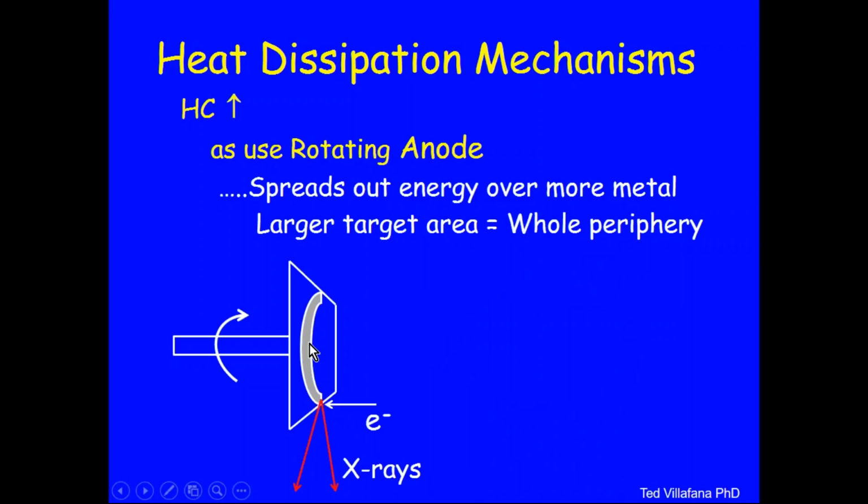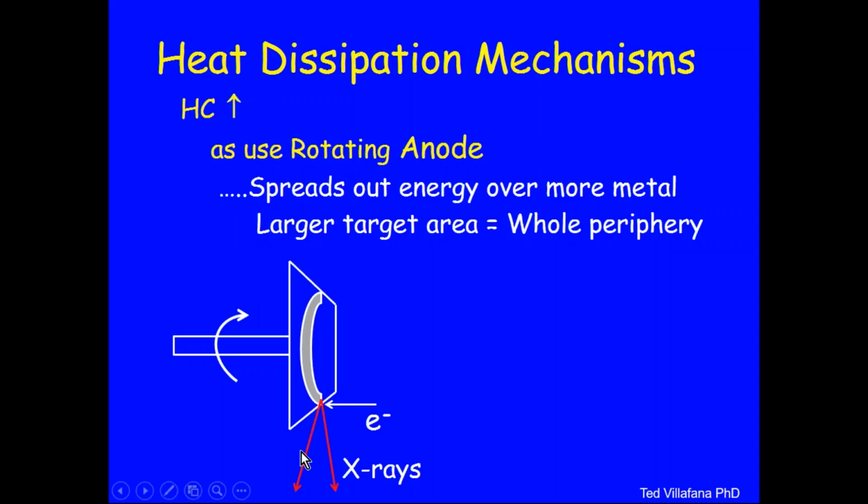So now the electrons can impact a much larger region of metal. You're spreading the energy out over a larger region, and if you spread out the energy over a larger region, no one point of the target gets the full blast of heat. You get better heat capacity, and you still maintain a small focal spot.